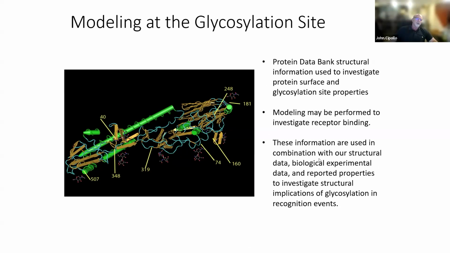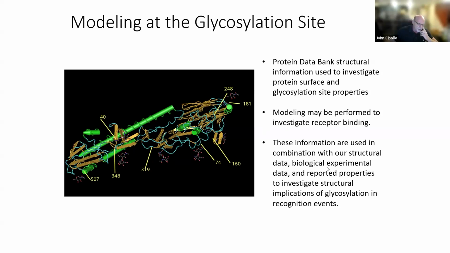So here we're looking at the glycosylation sites and how they're placed around this stick and ball and ribbon representation. We can investigate the receptor binding domain and other domains.